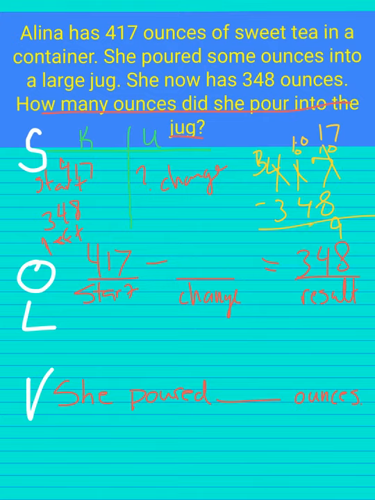My pen is acting up. 6. There we go. And we had 3 hundreds left. 3 hundreds that we have to take away. No hundreds. Our change was 69 ounces. She poured 69 ounces out.